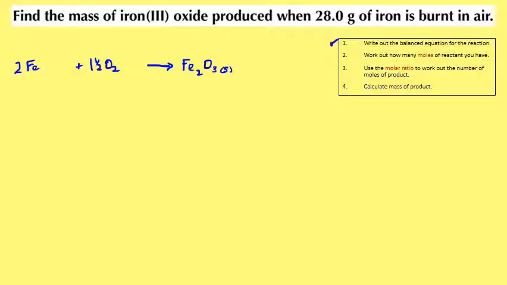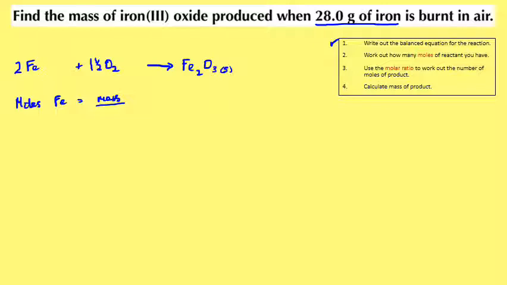That's our balanced equation. And now we need to work out how many moles of reactant we have. Now, iron is the reactant, and we've got 28 grams of it. Okay, so moles of iron is what we're after. And you remember the equation is mass over.